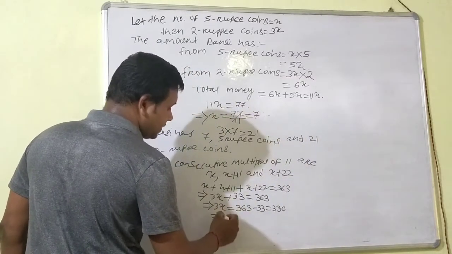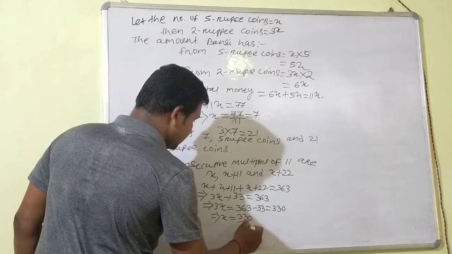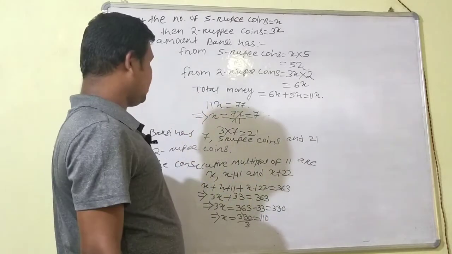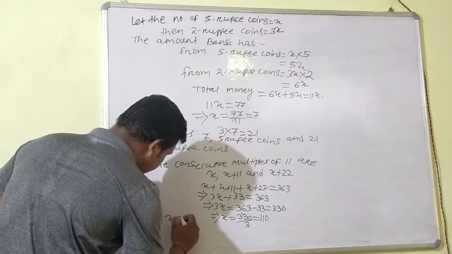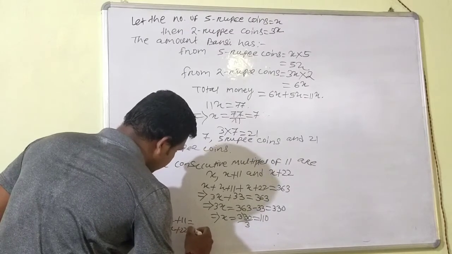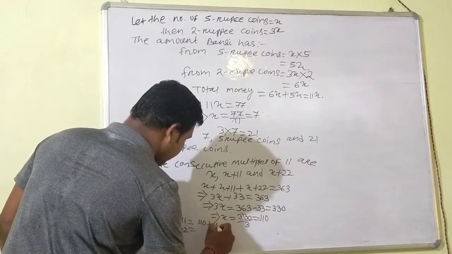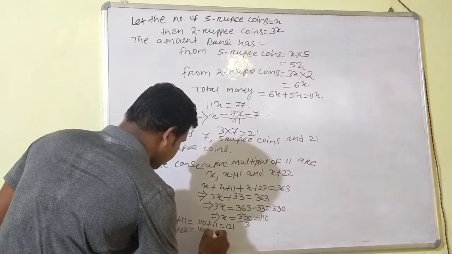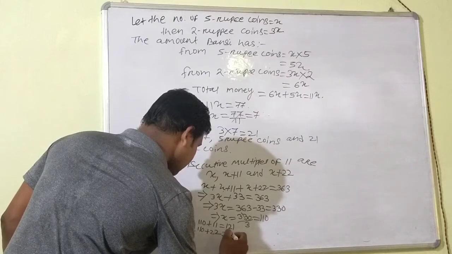Now 3 is multiplied with x, it will be divided with the 330, it will be equal to 110. x value is 110. Then we will have to find out x plus 11 and x plus 22. So x plus 11, that is 110 plus 11, that is 121. 110 plus 22, that is equal to 132.